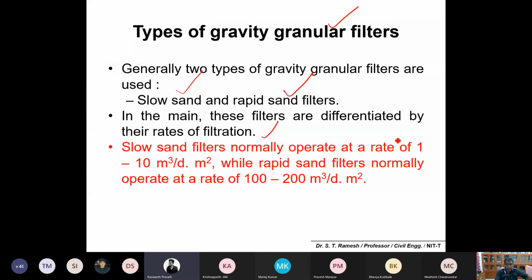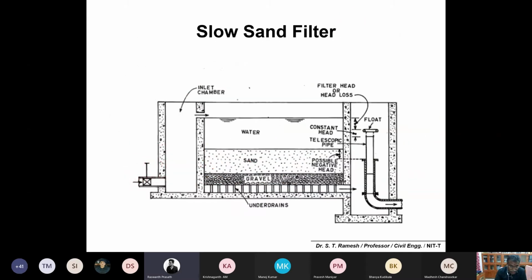Slow sand filters normally operate in a range of 1 to 10 meter cube per day per meter square of filter area, whereas rapid sand filters may work up to a maximum of 100 to 200 meter cube per day per meter square of filter area. Please make a note of these two, which are important: slow sand filter and rapid sand filter, based on filtration rate.